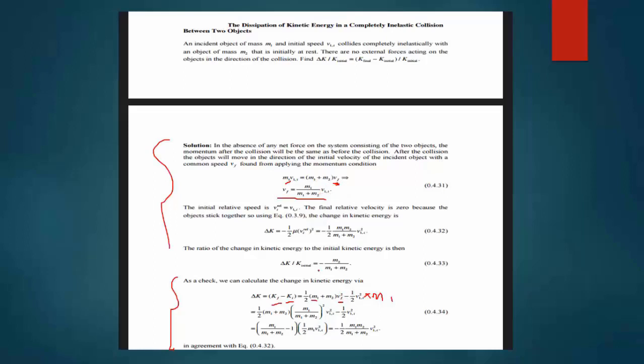So if this is VF square, it means the square of this value. Here it is: m1 plus m2 squared, v1 squared, minus 0, times m1 v1 squared, okay? So if we simplify this, we get our final expression as it is given there.